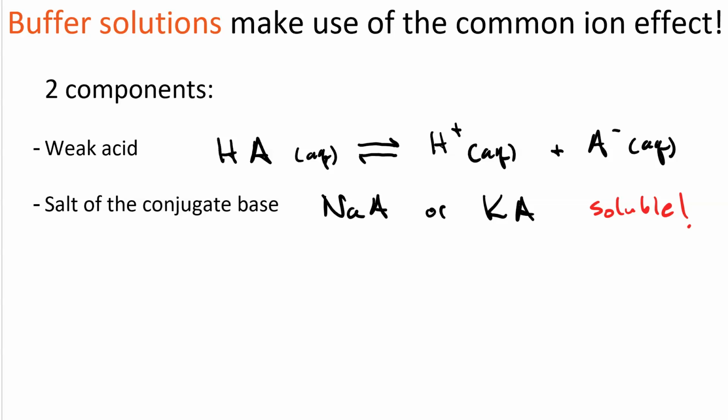So an example might be HNO2, which is nitrous acid, and KNO2, a soluble salt of the nitrite ion, the conjugate base.